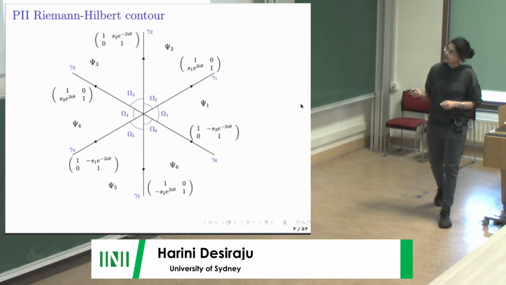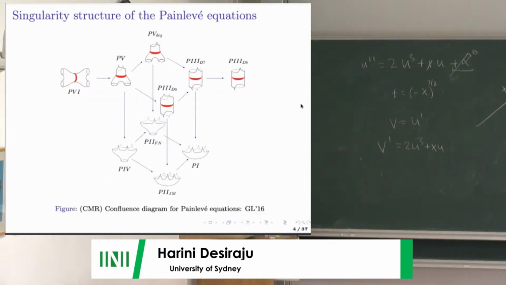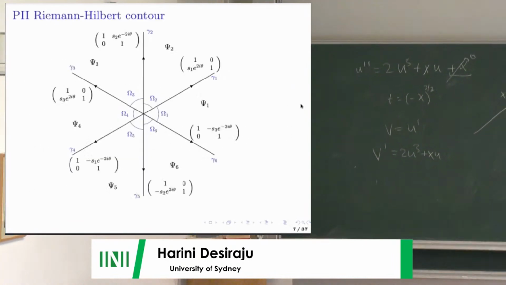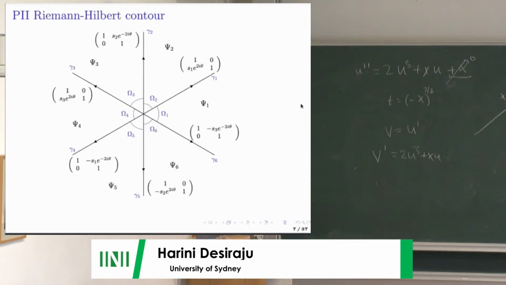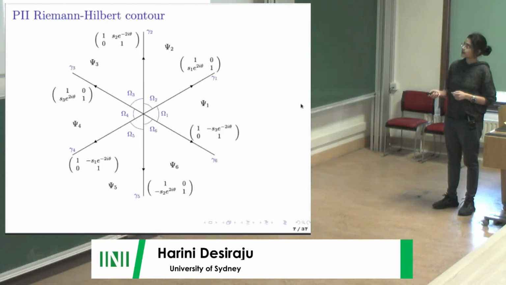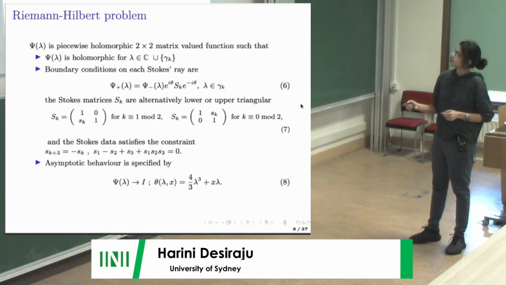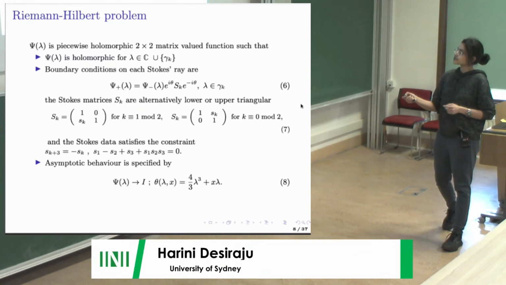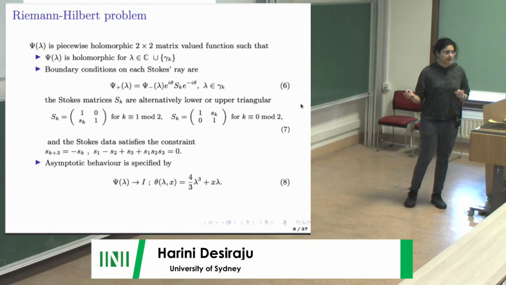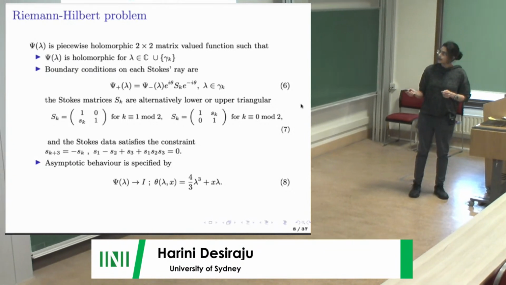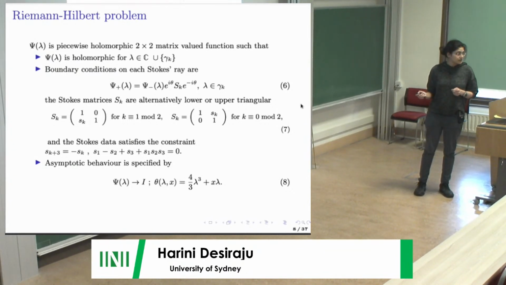There are 6 rays, but not all the jumps on these 6 rays are independent. So you can see that everything depends on 3 parameters, S1, S2, and S3. Out of the 6 parameters, 3 of them are dependent, and the remaining 3 satisfy a constraint.